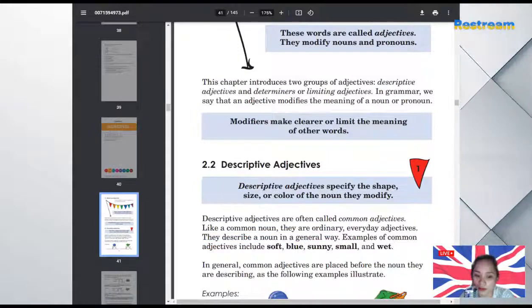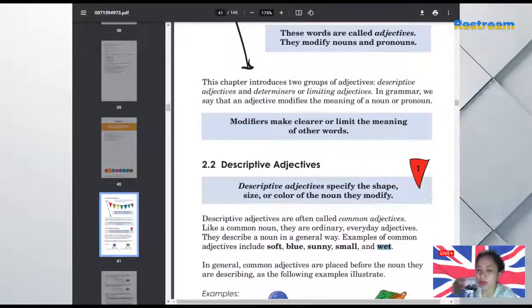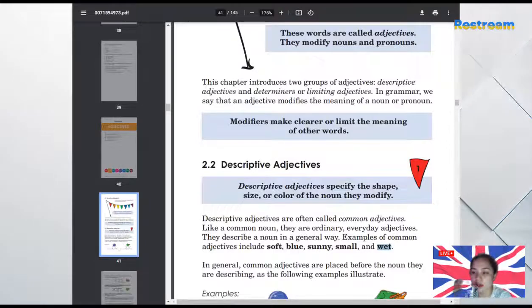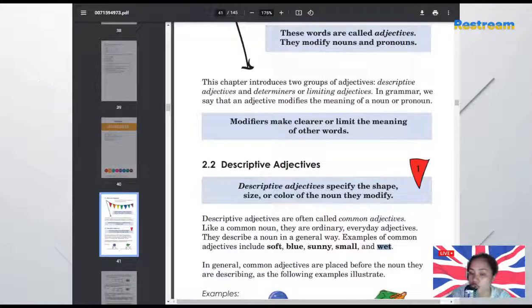Examples of common adjectives are soft, blue, sunny, small, and wet. If you remember, you have probably said these words when you are talking or explaining. So maybe: this stuffed toy is soft.